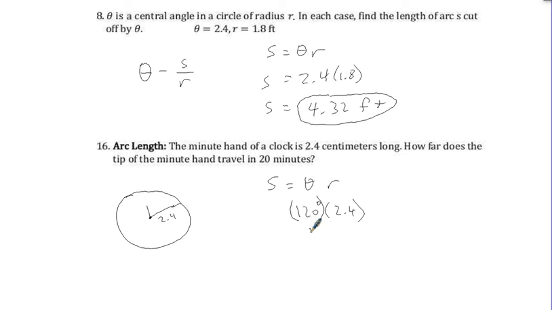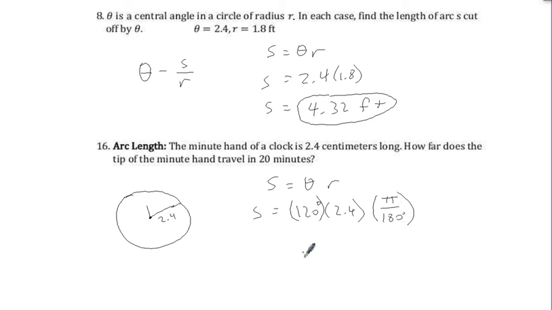Unfortunately, in this formula, the angle has to be in radians for it to work. So I've got to convert 120 degrees to radians. And we do that again by multiplying by pi over 180 because we want to get to radians. Our degrees are going to cancel here as you divide those units, and pi radians will stay.